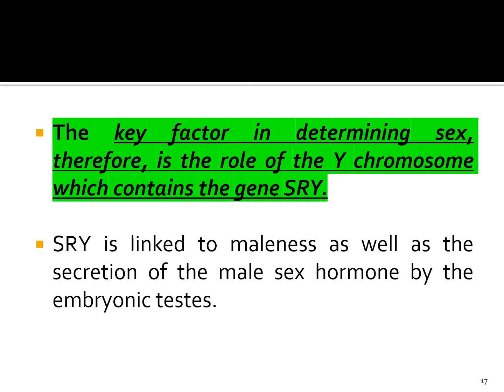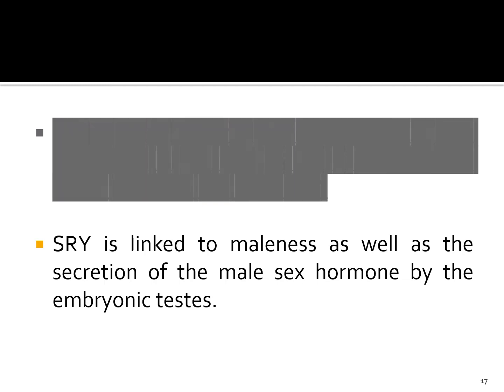So the key factor in determining sex is the role played by the Y chromosome, which contains the SRY gene. The SRY is linked to maleness as well as the secretion of the male sex hormone by the embryonic testes.